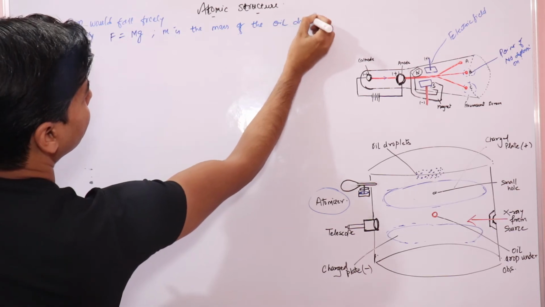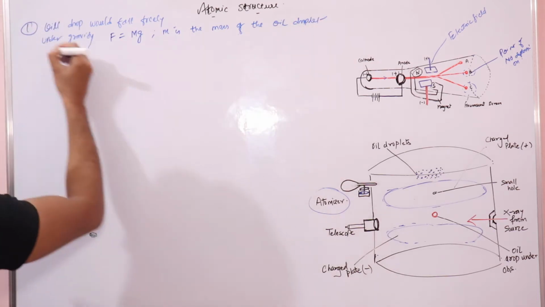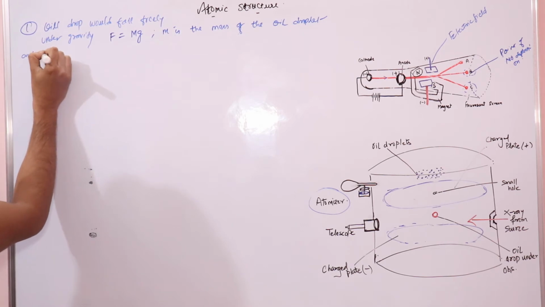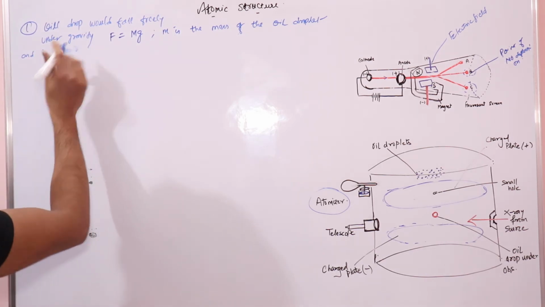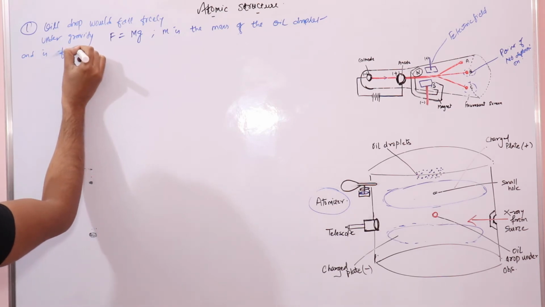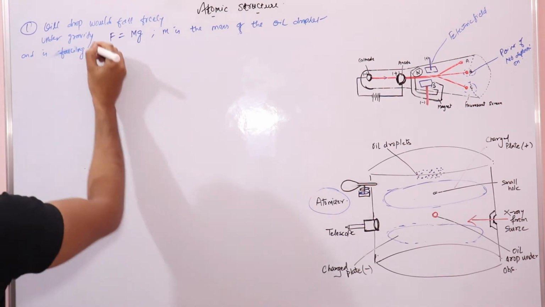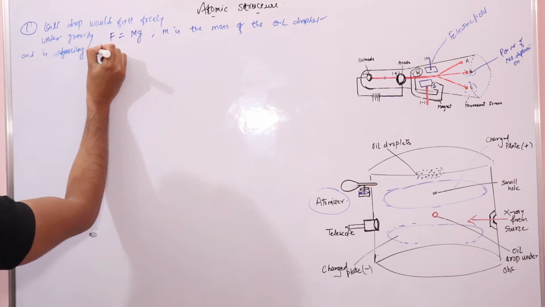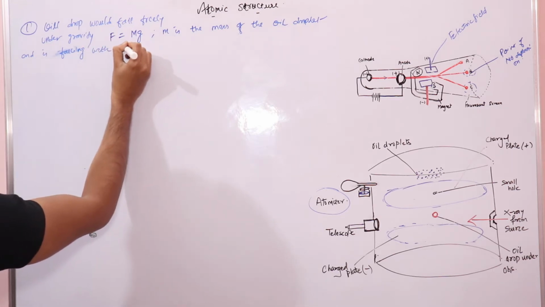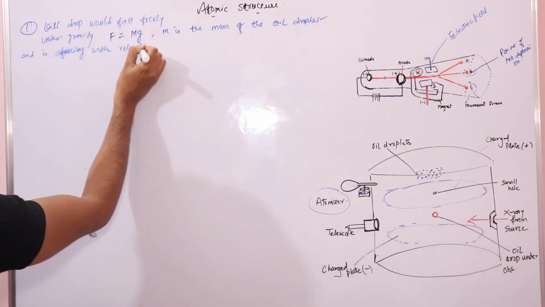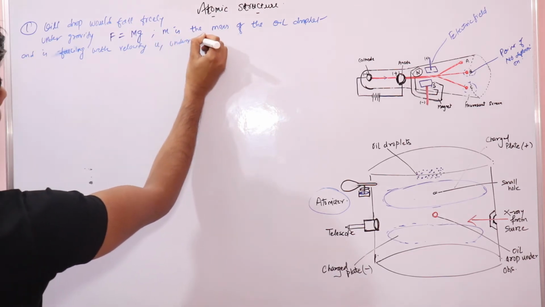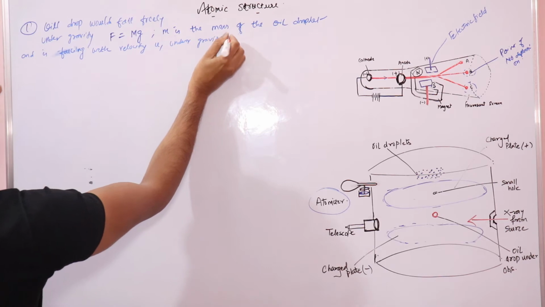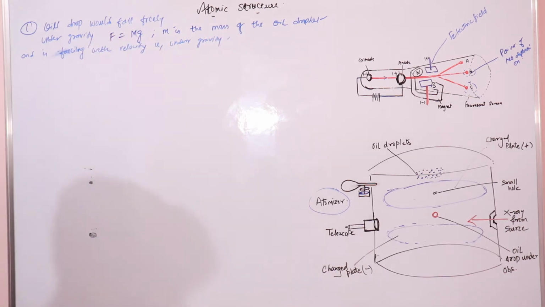And it is not moving, let's say it's falling. This oil droplet is falling with velocity u1 under gravity, and is acted on by this force.